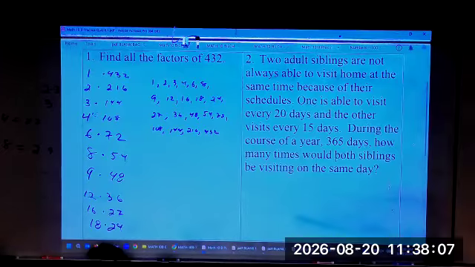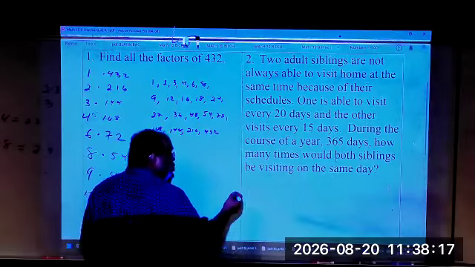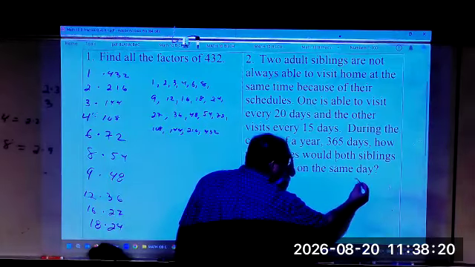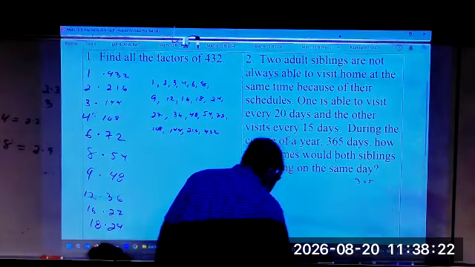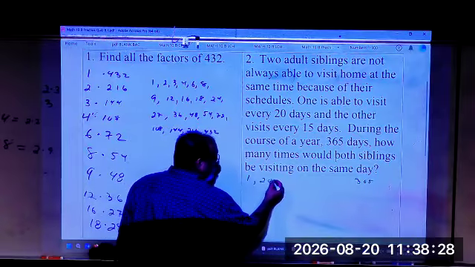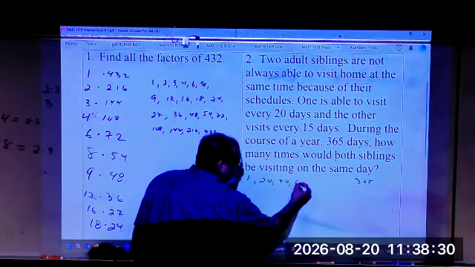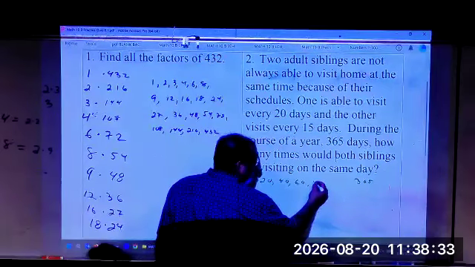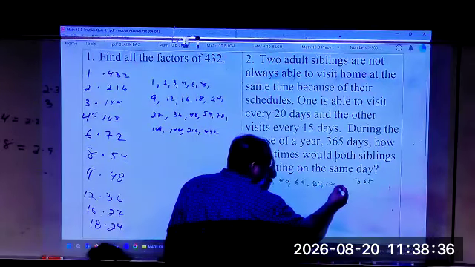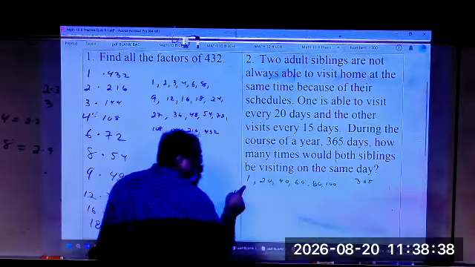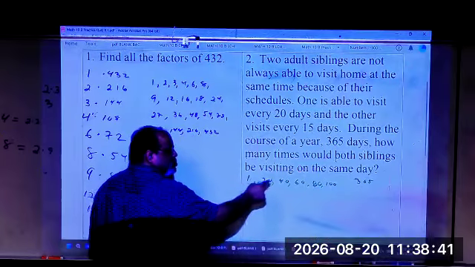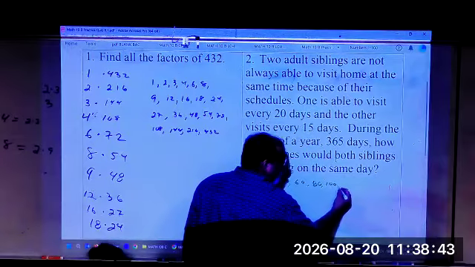We're basically looking for the common multiples of 20 and 15, all the way from 1 day to 365. So we have 20, 40, 60, 80, 100, and you can count all the days from 1 to 365 by 20s.